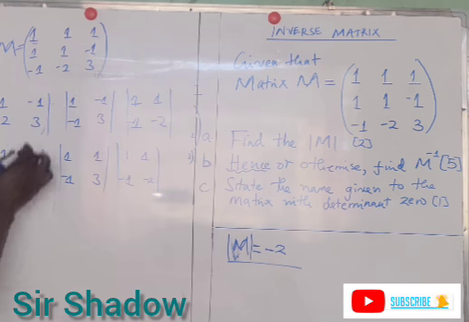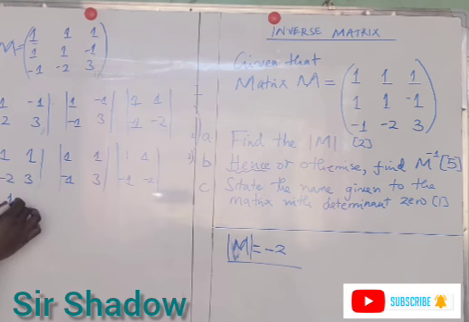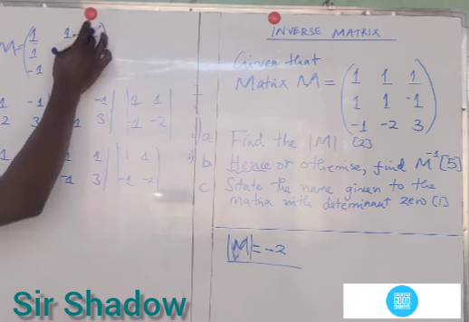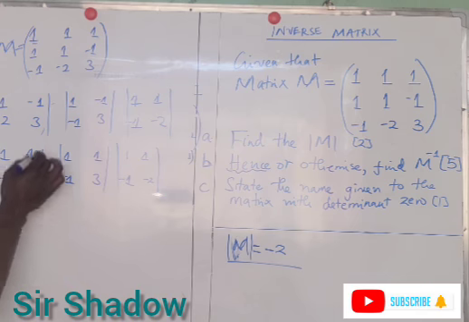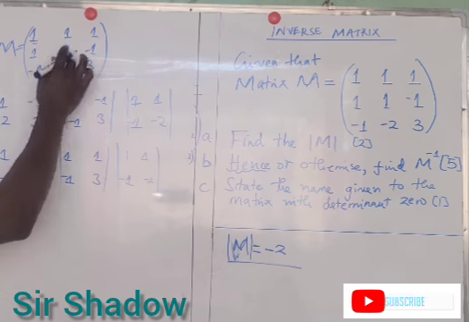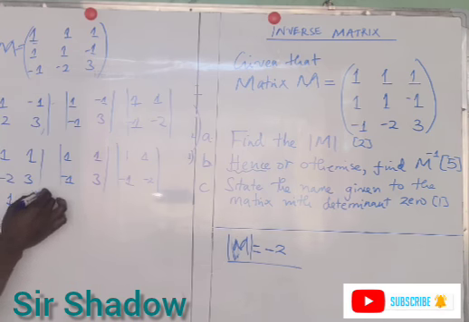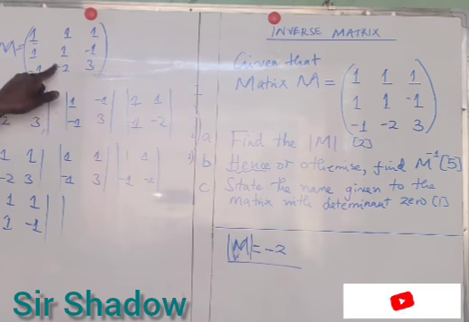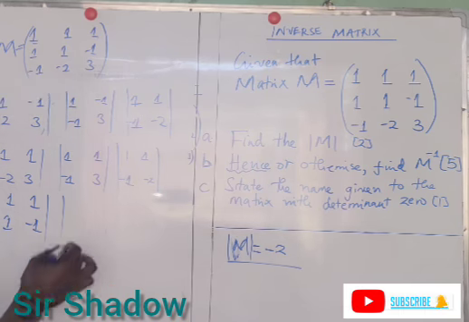Then in the third row, negative 1 is collecting 1, 1, 1, and negative 1. The negative 2 is collecting 1, 1, 1, minus 1.